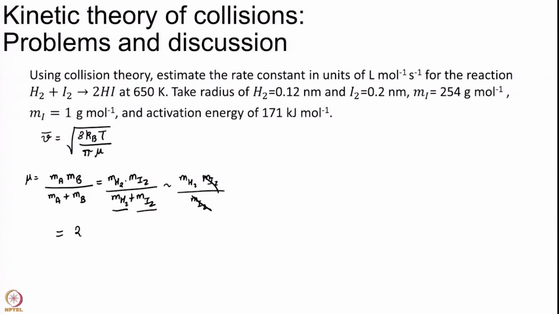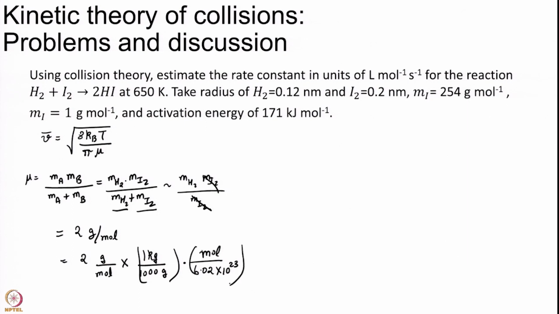which is nothing but 2 gram per mole, but I want it in kilograms. Okay, I want it in SI units. So, 2 grams per mole into 1 kilogram per 1000 grams into 1 over Avogadro's number, 6.022 into 10 to the power of 23 moles.